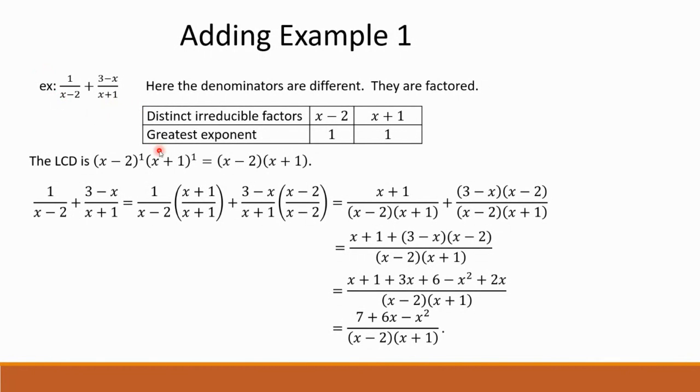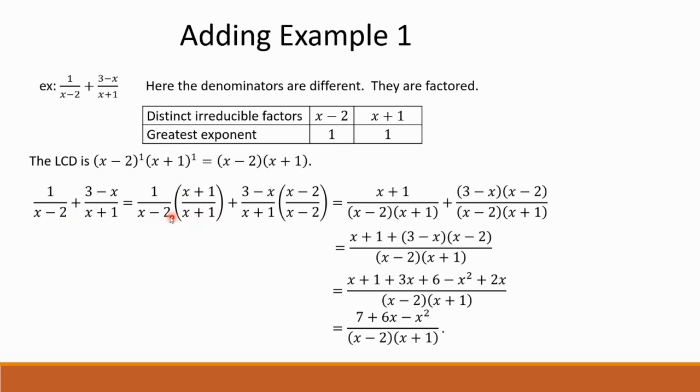Once we have the LCD, to actually add these two, we're going to have x minus 2 times x plus 1, because we want the LCD. The only thing missing is x plus 1. What you do to the bottom, you also have to do to the top, remember.